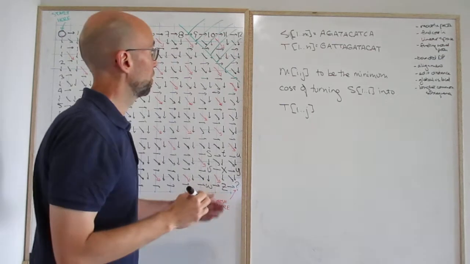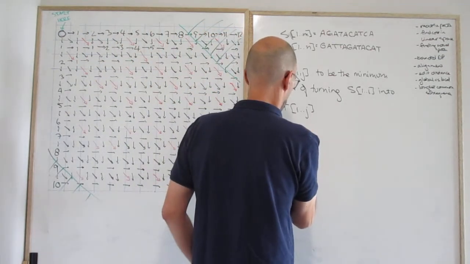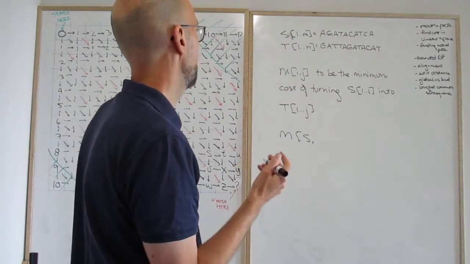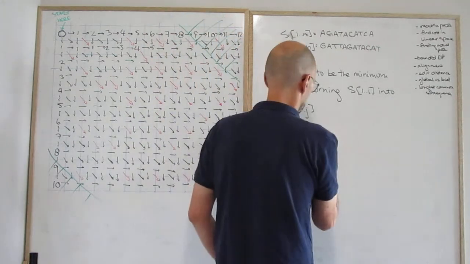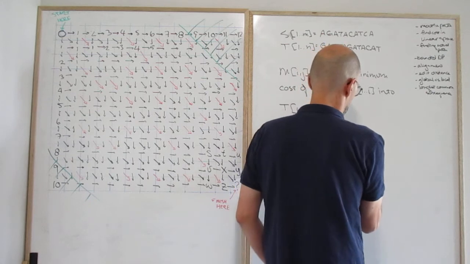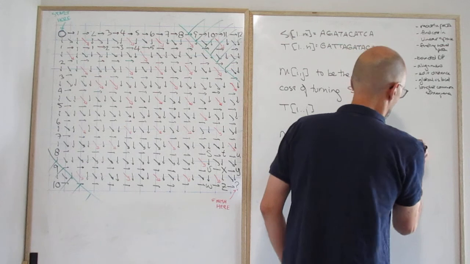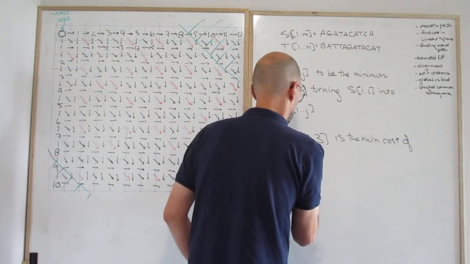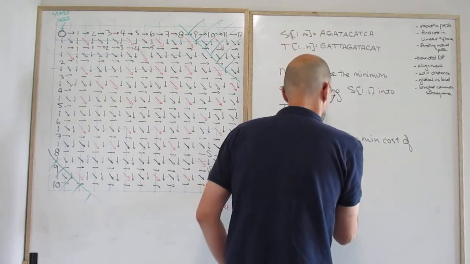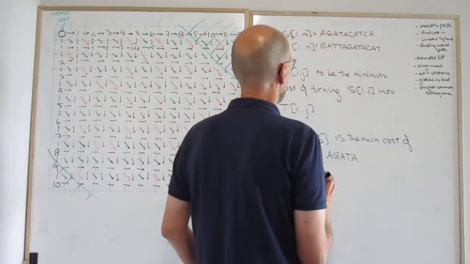So, for example, M5 3 is the minimum cost of turning Agatha into Gat.